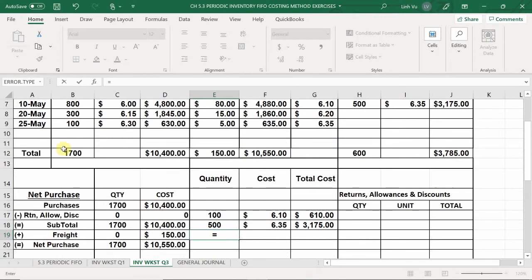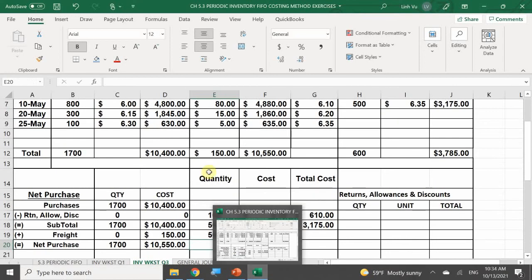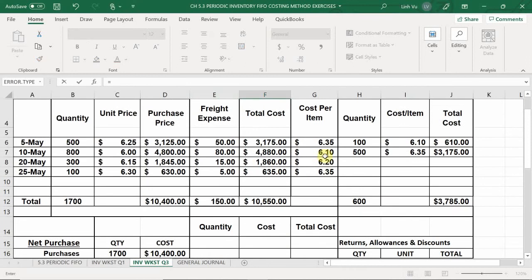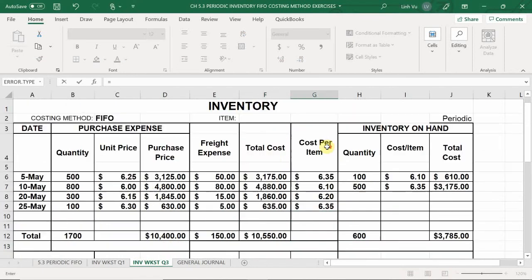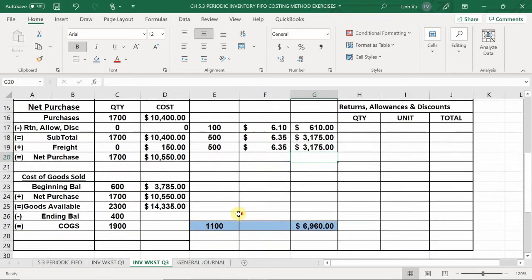So 500 is just below it. So there you go. 500, which we know we're going to get rid of the entire amount here. So therefore, I know that the entire amount's going to cost me $3,175. Okay?